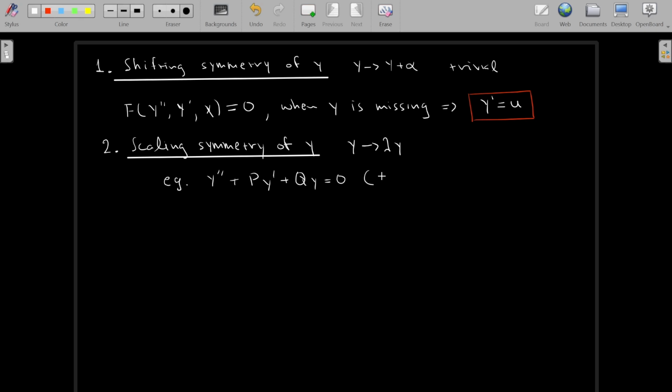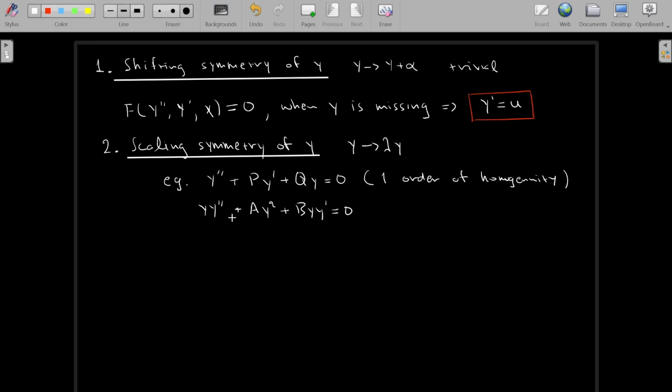So this is order 1 of homogeneity. Let's say you have y y double prime plus a y squared plus b y prime y is equal to 0.